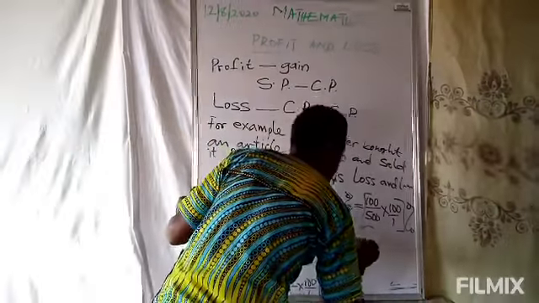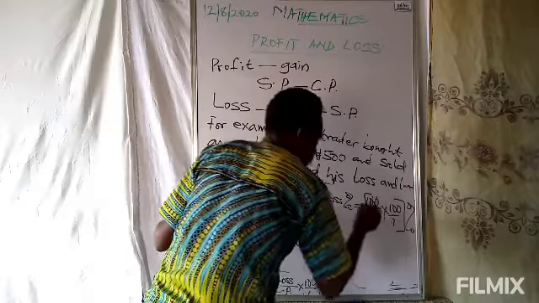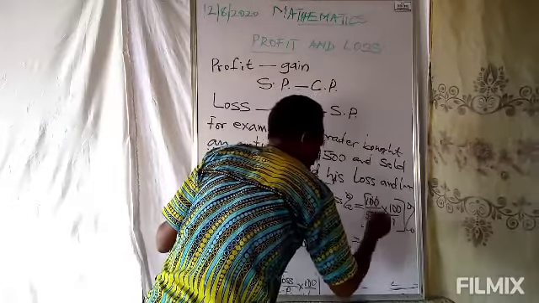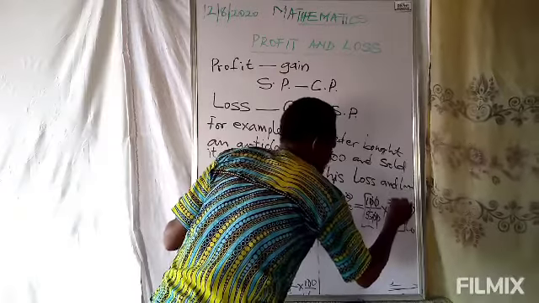So this now becomes 0 cancels 0, 0 cancels 0. Then 5 into 5, 1, 5 into 10, 2, 5 into 0, 0.